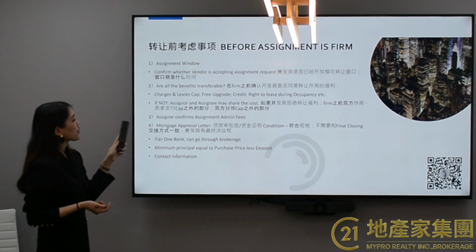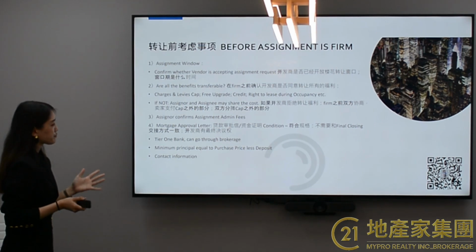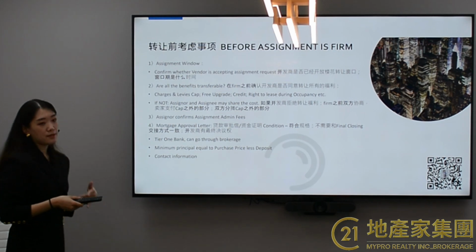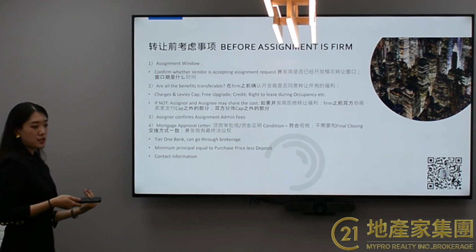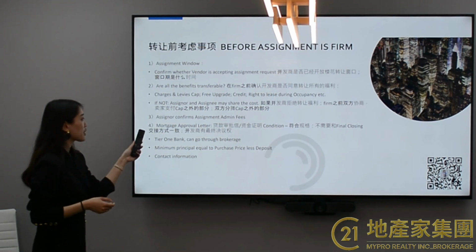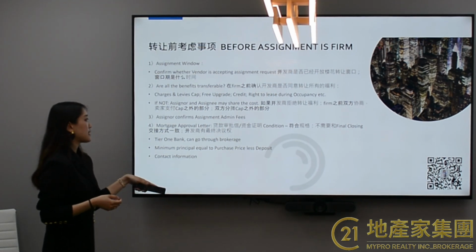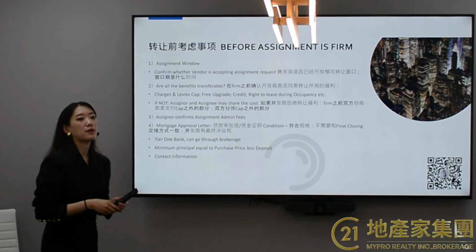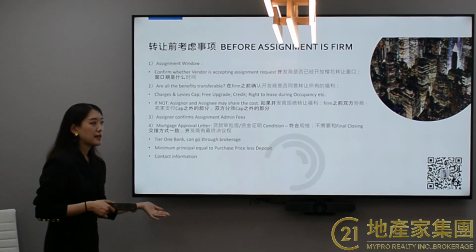And then it's the mortgage approval letter. Almost 100% of the deals, when the vendor is reviewing for the assignment, they will require the assignee to provide a qualified mortgage approval letter. These days, the vendors have very specific requirements regarding the approval letter. They will tell you what they need to see on the letter.